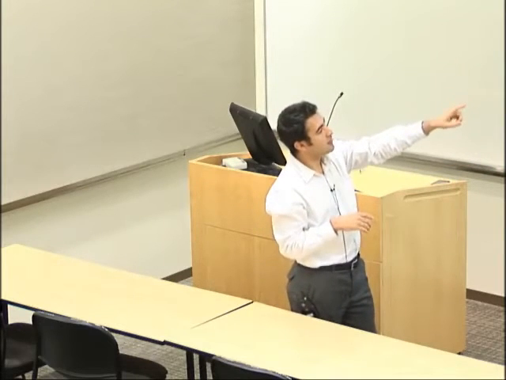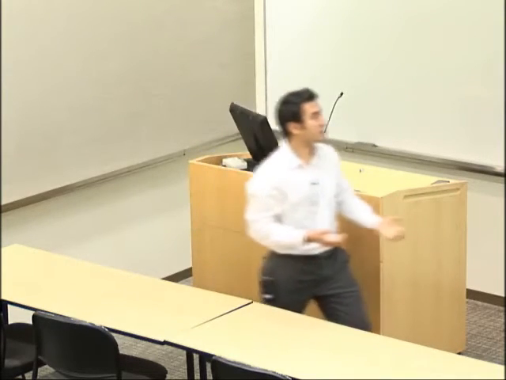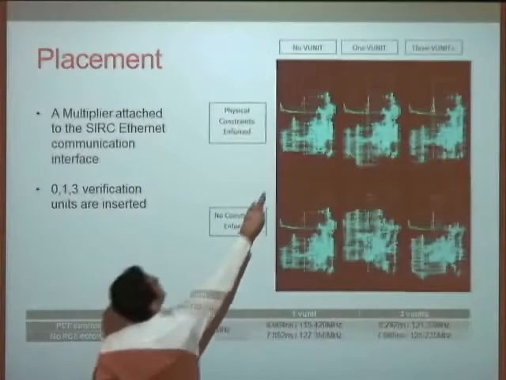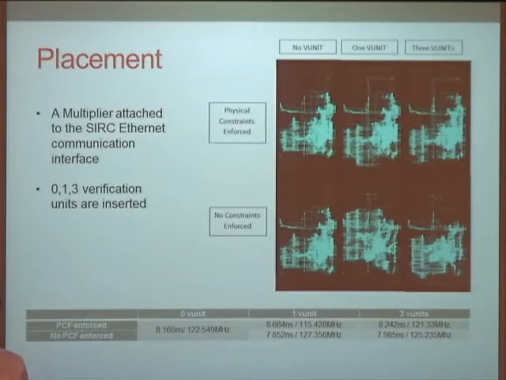Visually, the placement retains its shape at the top, but at the bottom, when there are no placement constraints extracted from the top left design, the tool does a completely different placement.